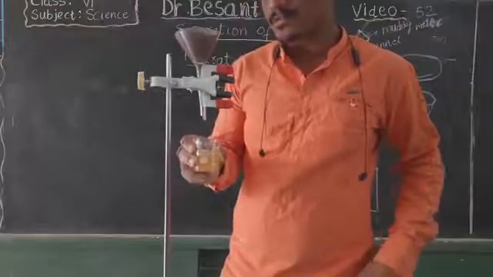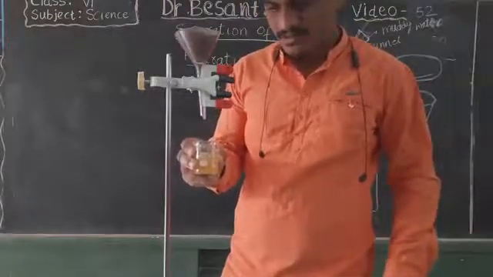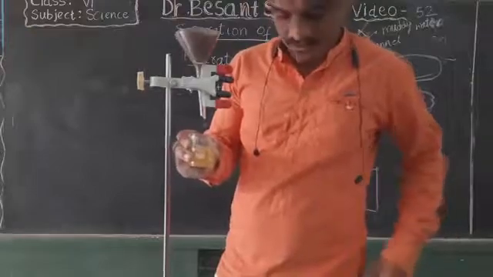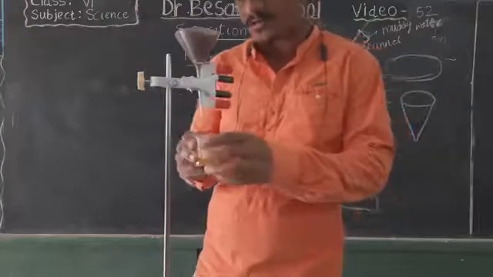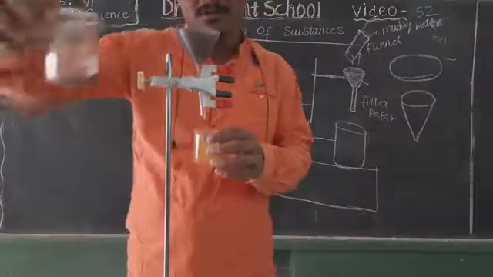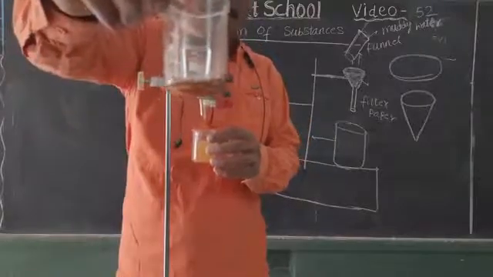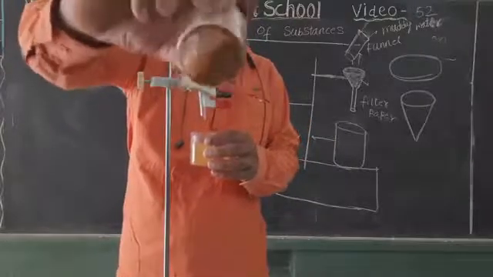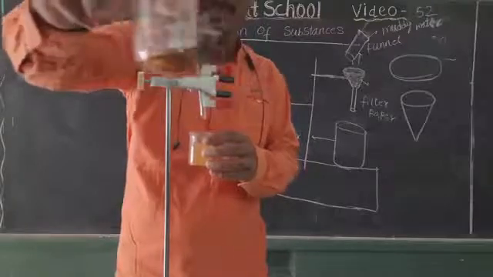Okay, drop by drop the water is coming. Previously compared to that water, now see this water. Now you can see the precipitate here. It cannot pass through the filter paper. See, these particles cannot pass through this filter paper.